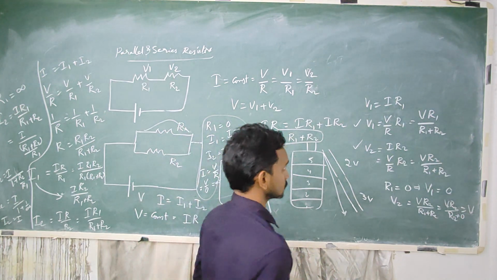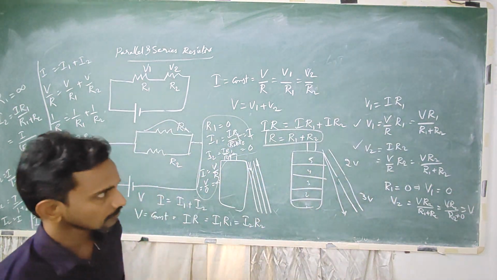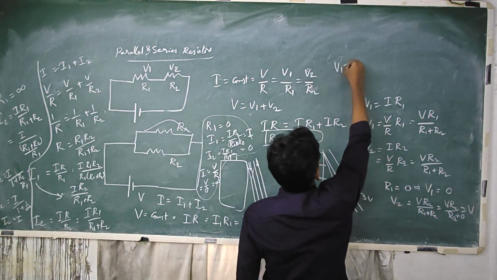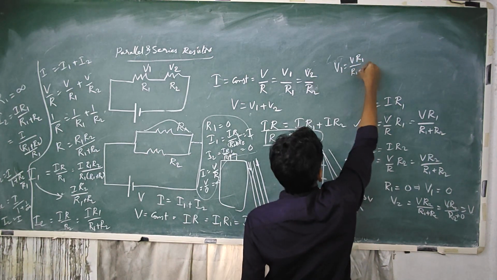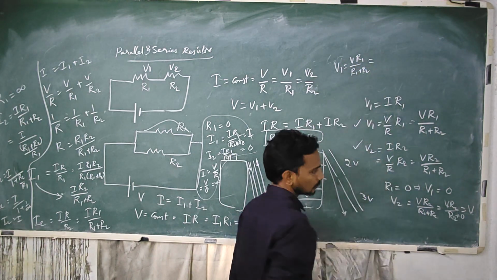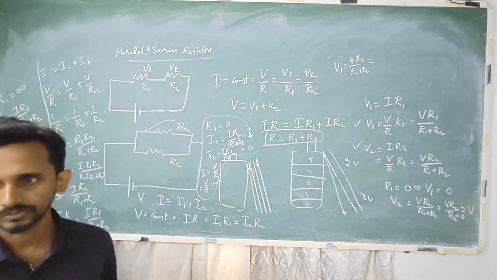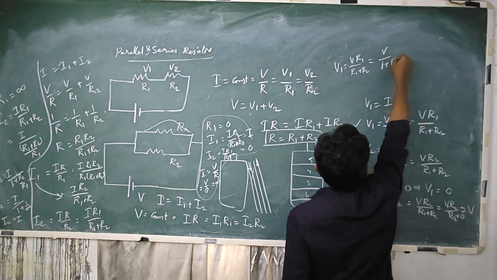What is V1? V1 is V R1 by R1 plus R2. Since R1 is infinity, I have to push R1 to the denominator. So this can be written as V by 1 plus R2 by R1.